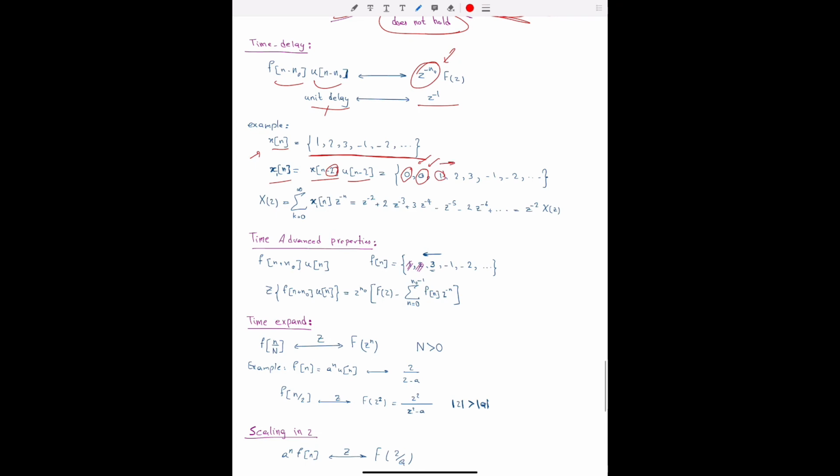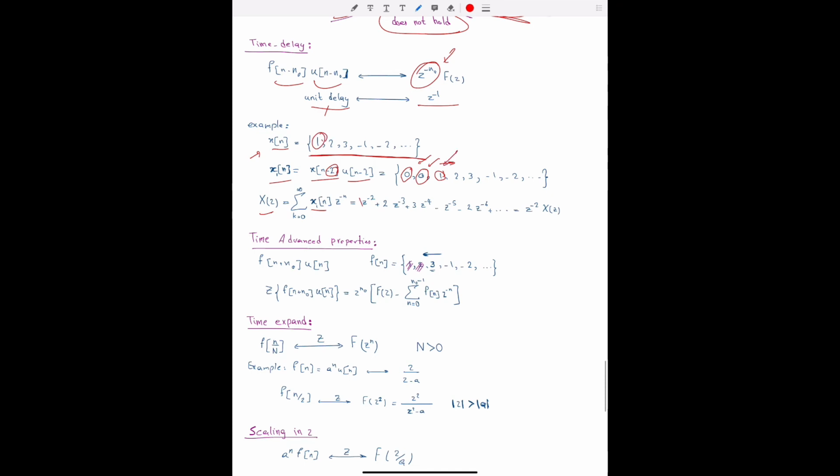The Z transform of x1 is the summation of x1 of n times z to the power of minus n, so the 1 here really starts at n equals 2.